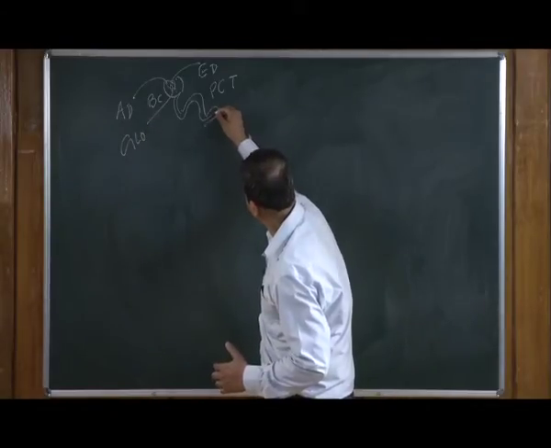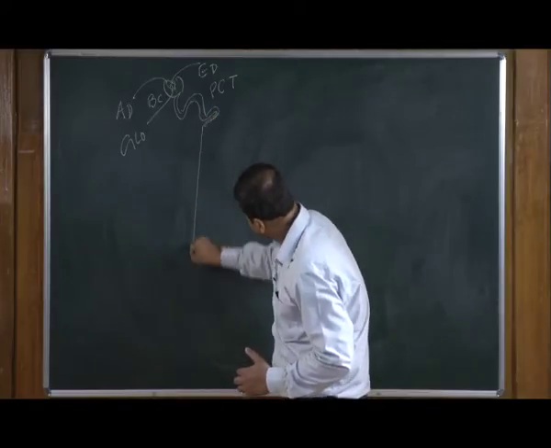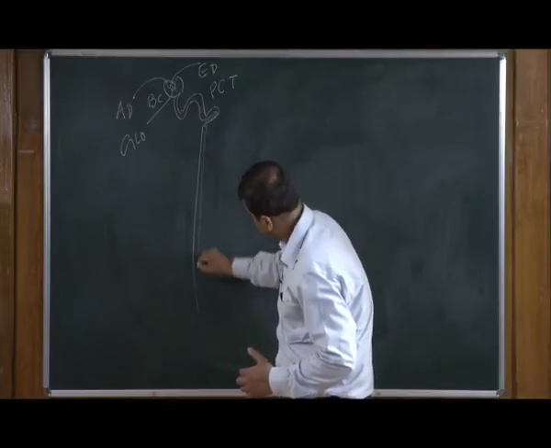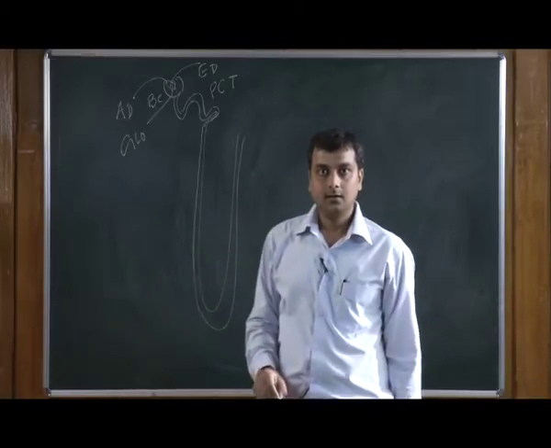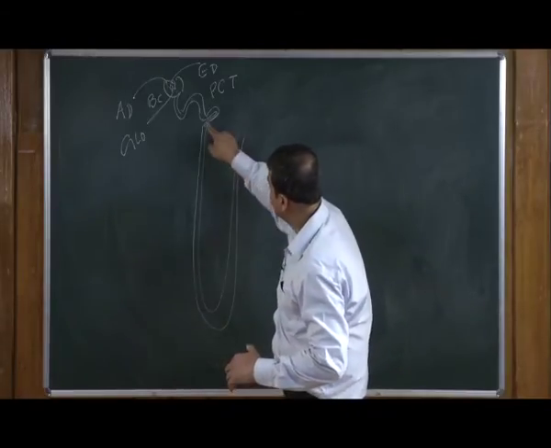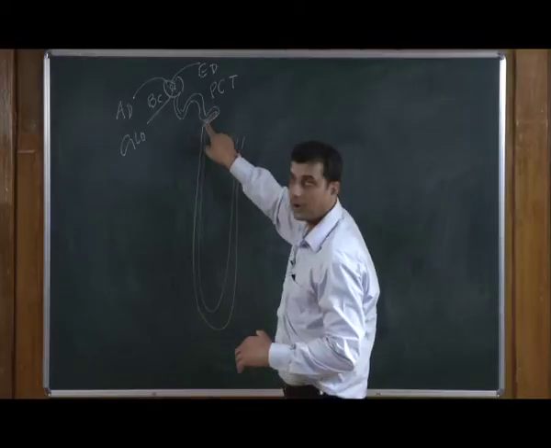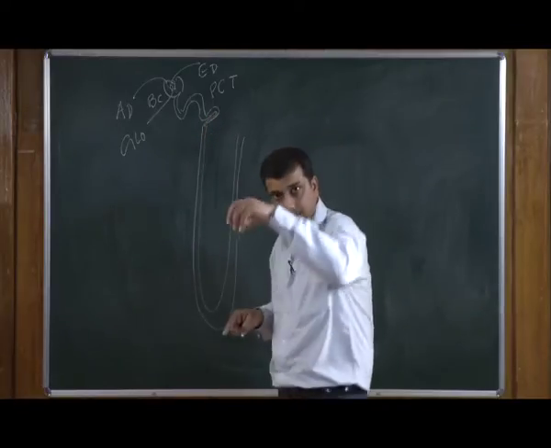This whole proximal convoluted tubule continues into a straight U-shaped loop. This is a very unique loop-like structure running right from the proximal convoluted tubule and continuing as a continuous U-shaped structure.